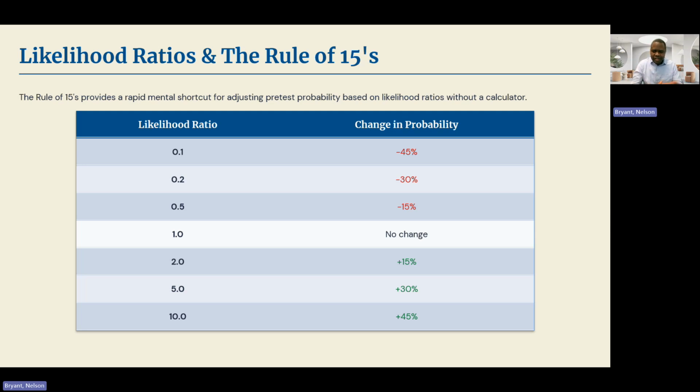So, for example, I know I mentioned I will not bore you much about this one, but a likelihood ratio of 2 increases the probability, we are looking at this table here for the likelihood ratio, by roughly 15%. For example, 5 by 30%, which is right here, and so on and so forth.